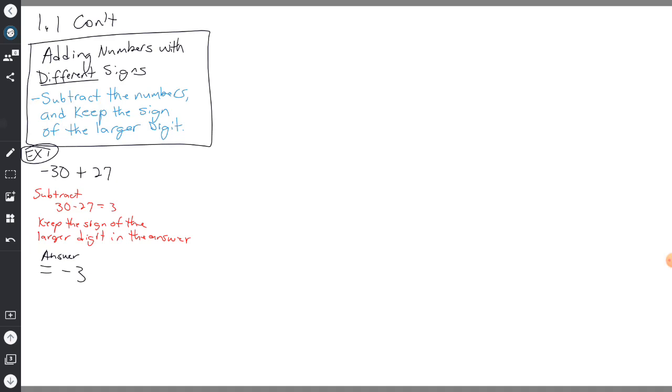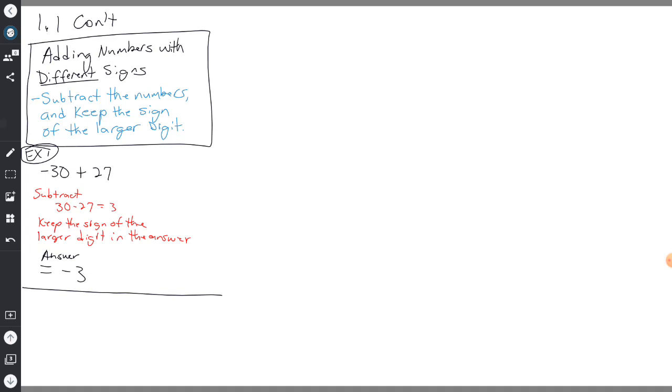So in this case, you can think of this one in terms of a bank account as well. So let's say, for example, you have negative $30 balance in the bank account, and you go to the bank and you add $27.